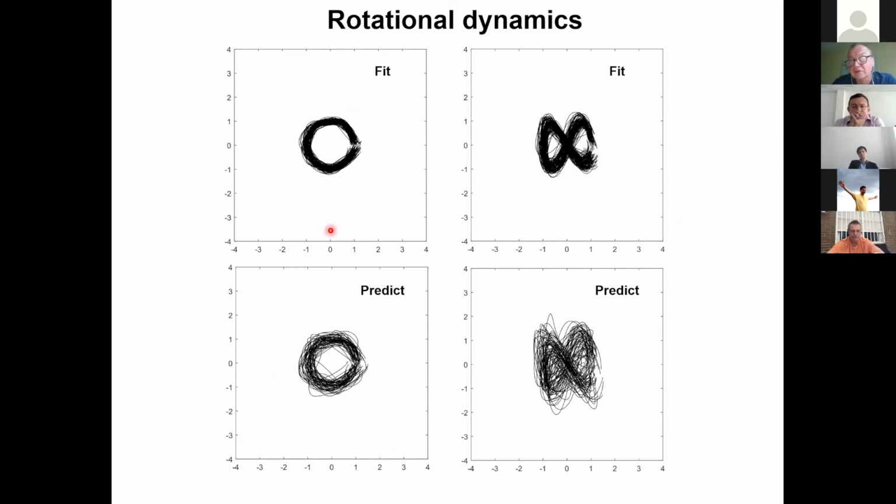Then I asked, if the goal is to obtain rotations, let's just obtain these rotations directly. Let's fit the data to a circle or to a Lissajous curve, which is an 8 or infinity sign. And it was very easy to fit their data to pretty much anything.